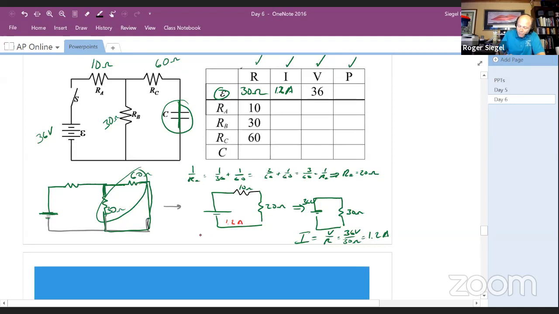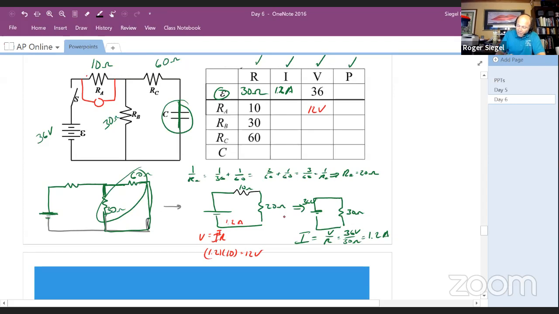And so V is equal to IR, that's 1.2 times 10, or 12 volts. So there is a 12 volt drop across RA.